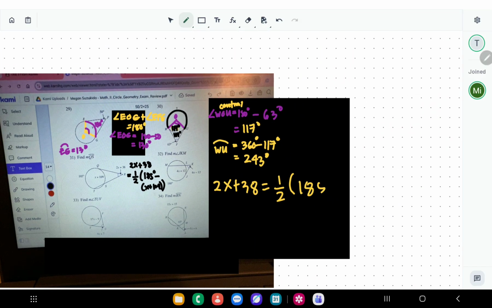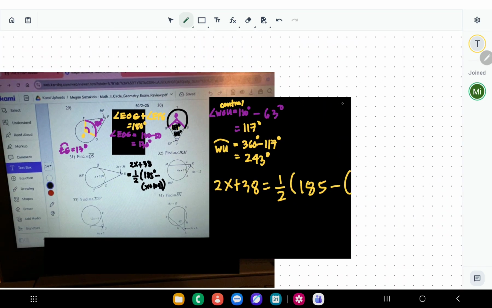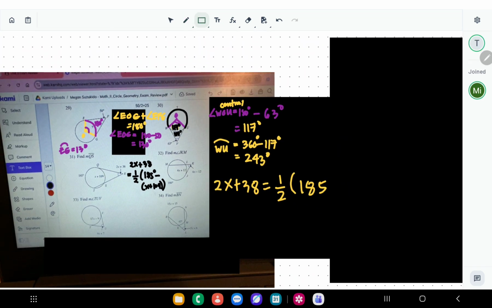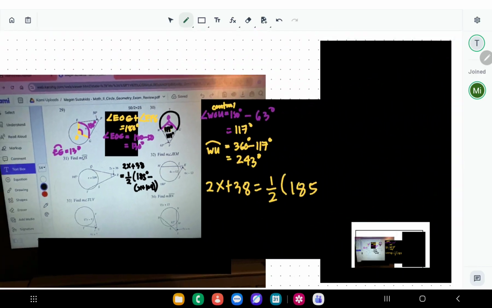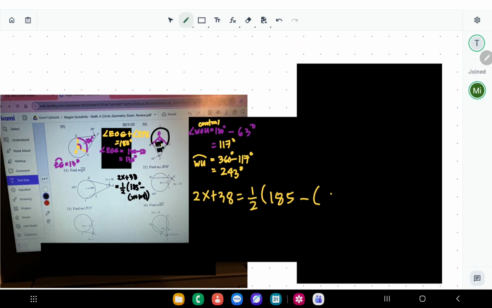So 185 minus, what is that? 185 minus x plus 109. So this is just 2x plus 38 equals 1/2 times 185 minus x minus 109.